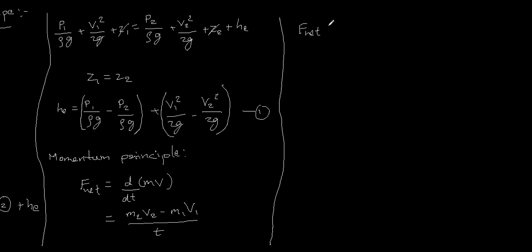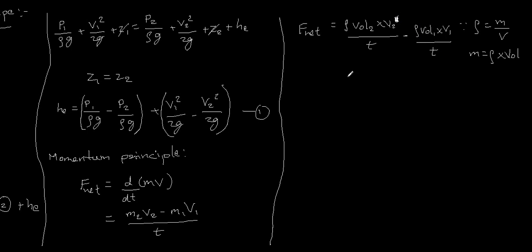The net force acting on the liquid is equal to the rate of change of momentum. The mass can be written from the density formula, which is mass by volume, so mass is rho into volume. In place of mass I write rho into volume 2, the volume in the second pipe, into v2, per time t, minus rho volume 1 into v1 by t.